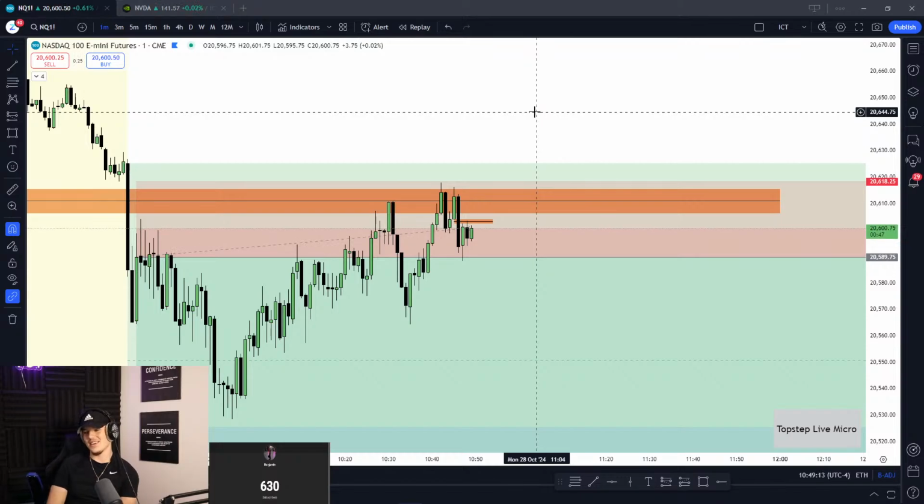Yeah, this needs to start pushing lower, man. This can't disrespect that SIBI. If it disrespects that SIBI, then we're getting stopped out. 10:50 macro. Let's see what it does. 30 seconds.